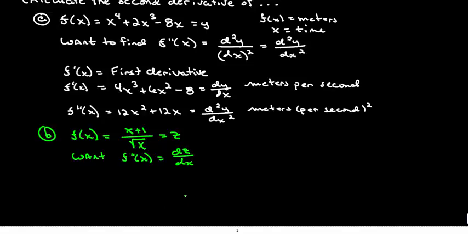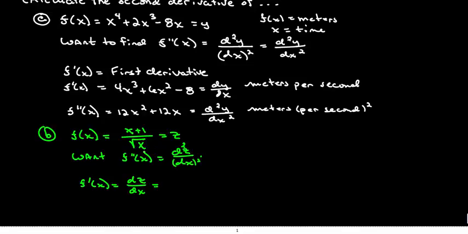To calculate that, what we first need is f prime of x. Oops, when I said second derivative here, we need to go like this. The f prime, the first derivative, is dz dx. So we need the derivative of this guy.